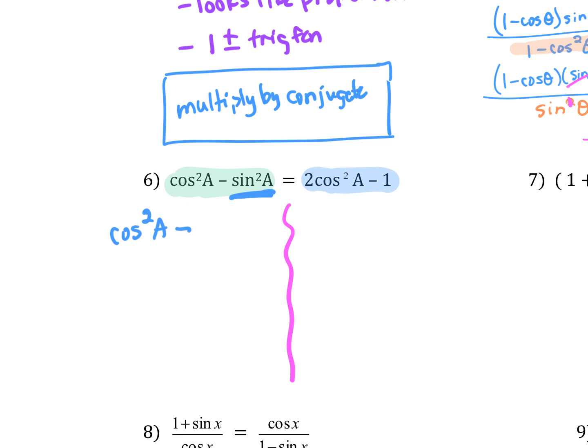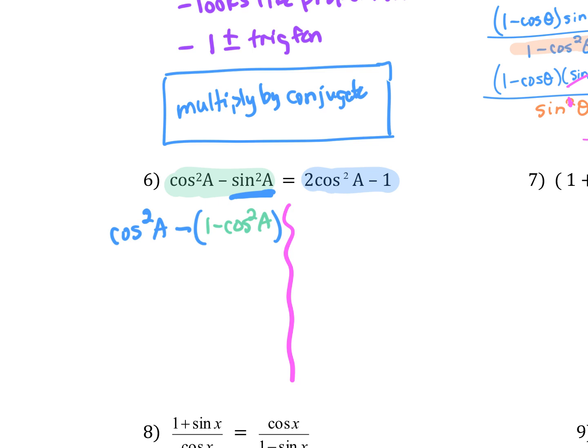So minus, now I want parentheses here. Alternative form for sine squared that involves cosine squared. Right? Think about that. It's 1 minus cosine squared a. Do you see that, guys?